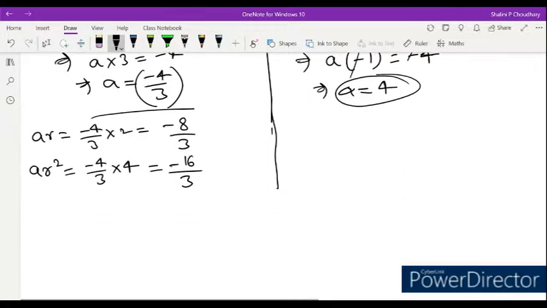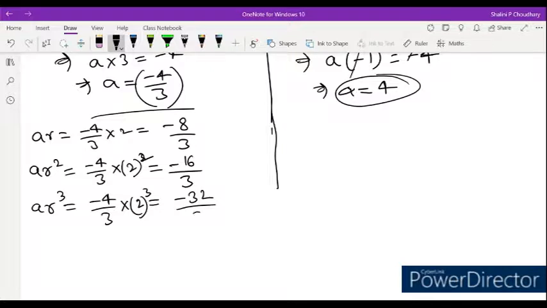And AR to the power 3, the fourth term, is minus 4 upon 3 multiplied by 8. Here we can also write 2 to the power 2, and instead of 8, we can write 2 to the power 3. So 2 to the power 3 is 8 and that will be equal to minus 32 upon 3. Now AR to the power 4 will be equal to minus 4 upon 3 multiplied by 2 to the power 4.